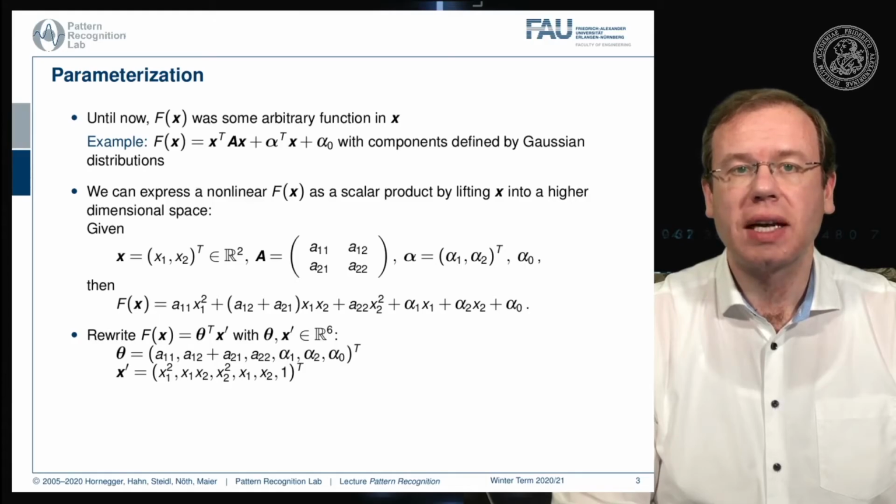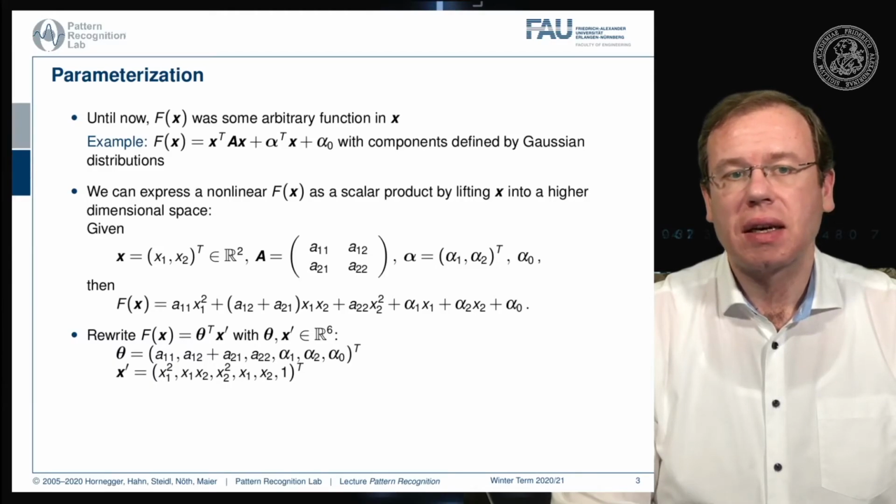And if we do that, then we can rewrite the entire equation into an inner product of our parameters. And the parameter vector is now a11, a12 plus a21, a22, alpha 1, alpha 2, and alpha 0.